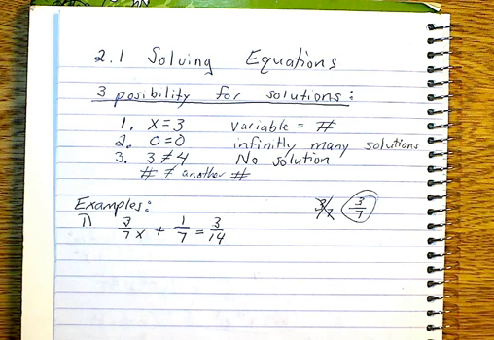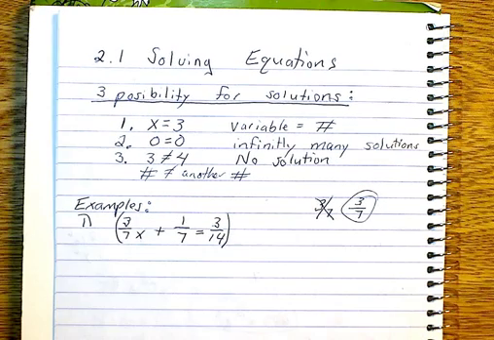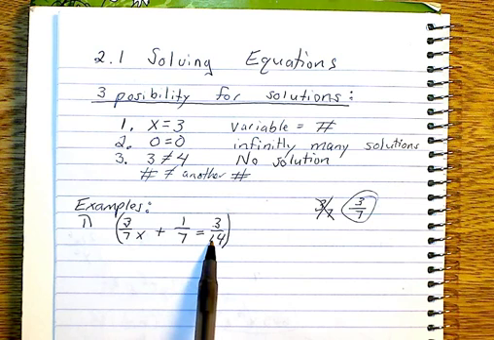But the thing that might make it easier is same concept as we are going to multiply, but we're going to multiply everything by something that gets rid of the fraction. All right. So if you think about 7 and 14, what number could we multiply by that both of those go into that would get rid of my fraction? Well, we have to have a big number because 14 has to go into it.